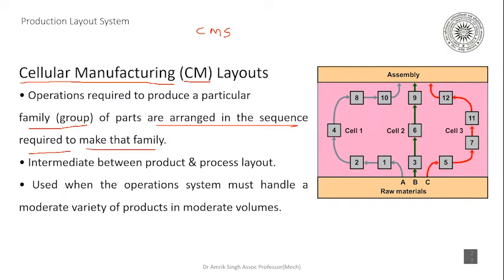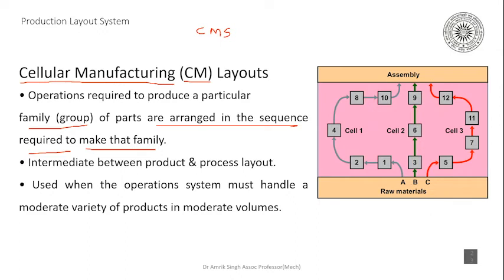Okay? So you see here is cell 1, cell 2, cell 3. In cell 1 there are 4 machines, 1, 2, 4, 8, 10. In cell 2 there are 3 machines, and in cell 3 there are 4 machines.